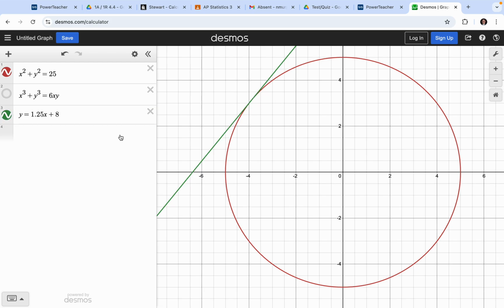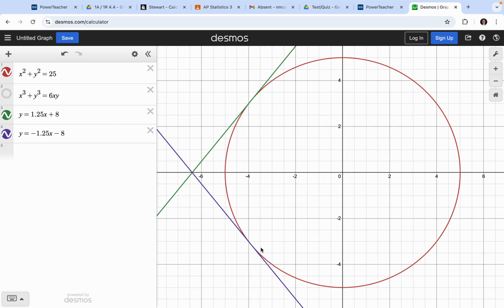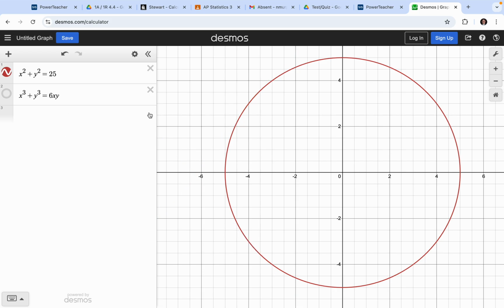And because I could have these two tangent lines both at the same x value, not a function, not differentiable.